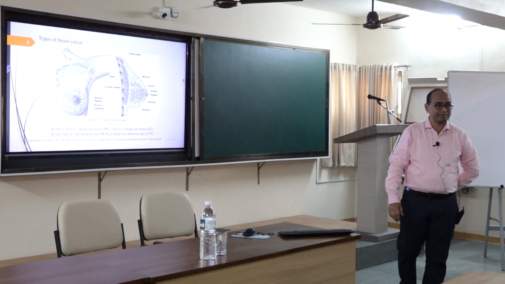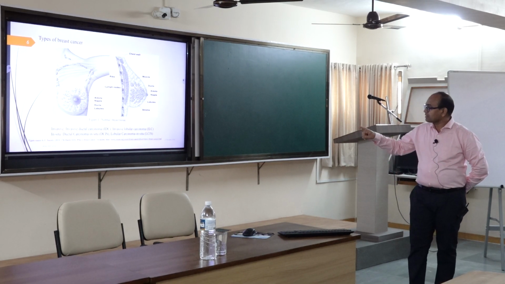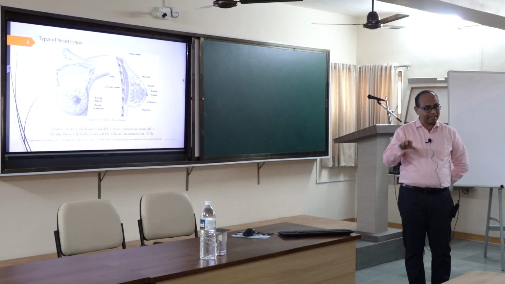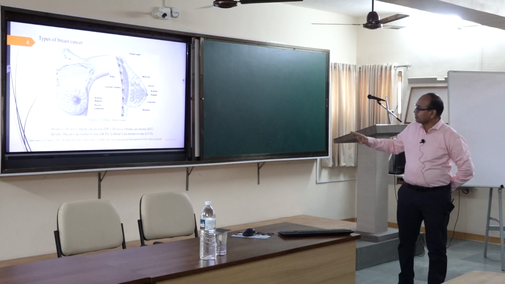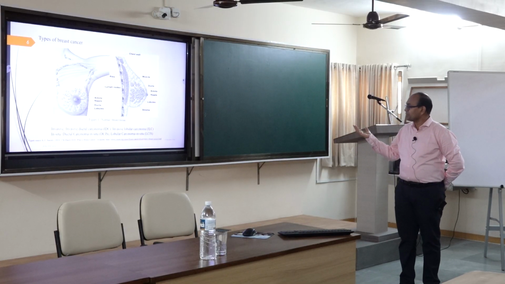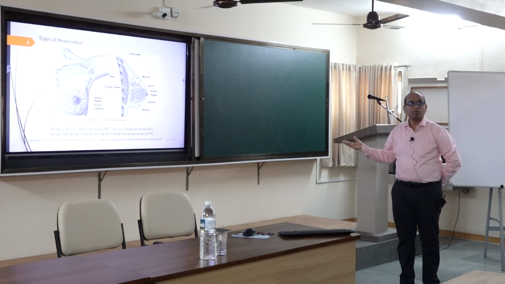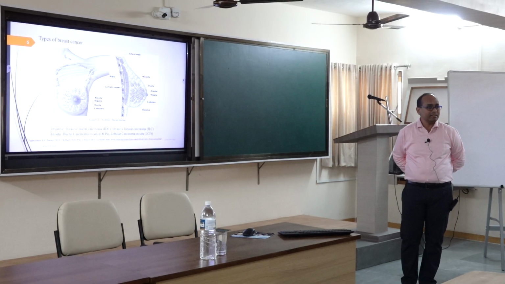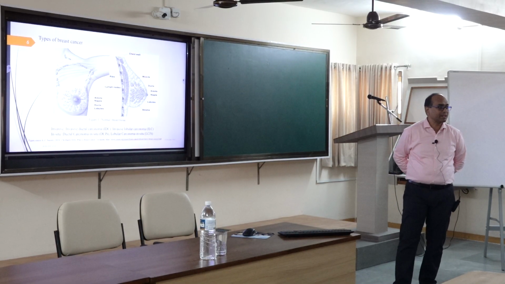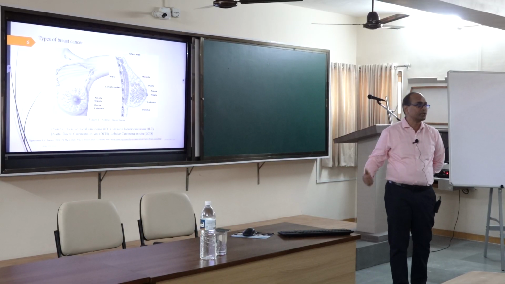The next one is ductal carcinoma in situ. The disease is there, but it is not spreading. Now coming to lobular carcinoma, again invasive or lobular carcinoma in situ. Like that, any breast cancer can be categorized into these four types.